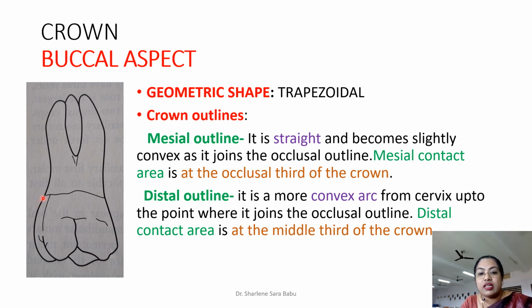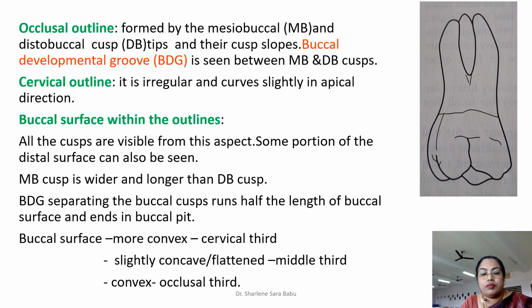The next is the distal outline. It is a more convex arc from the cervix up to the point where it joins the occlusal outline, and the distal contact area is at the middle third of the crown. Next is the occlusal outline.